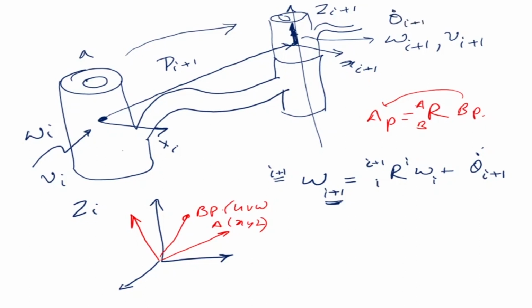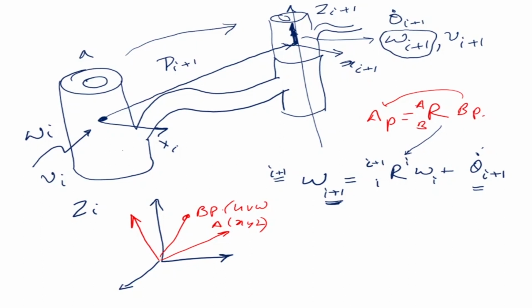So what we are saying is that the velocity of the next link, omega i plus 1, expressed in its own frame i plus 1 on the left hand side, is equal to the velocity of the previous frame, omega i, into the rotation matrix. This is the inverse, please note. It is not i to i plus 1, it is i plus 1 to i, so it is the inverse or the transpose, plus its own velocity, theta i plus 1 dot.